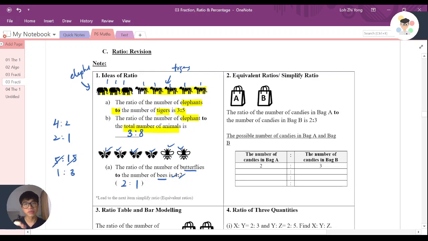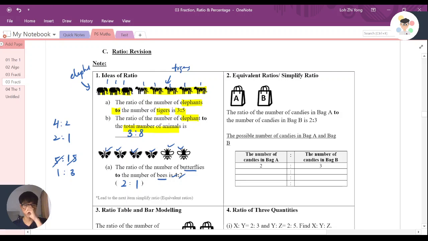So the ratio does not represent the exact number, but it represents the simplest version of the numbers. That's why if you see that the ratio is 2:1, it does not mean that I have exactly 2 butterflies only, 1 bee only. You must know that it's just the simplest version. It might be 4:2, it might go up to 6:3, and different things.